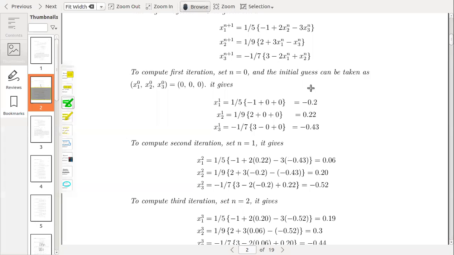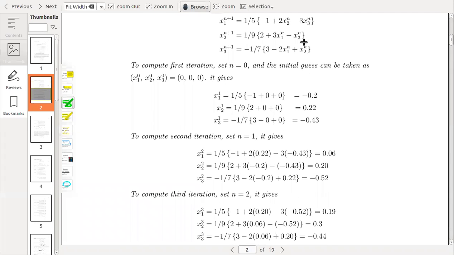Now in this formula, you need to replace these values. Just look, x1 power 2 means the second iteration: 1/5, minus 1 and plus 2.